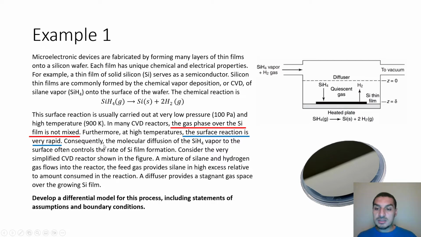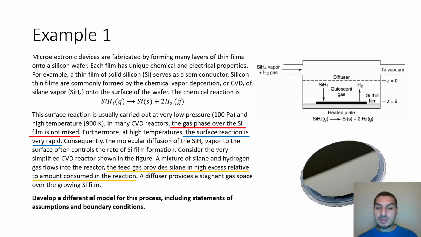And it says that the molecular diffusion of silicon hydride vapor to the surface often controls the rate of silicon film formation. This means that the rate of silicon formation does not depend on the speed of the reaction, because the reaction is very, very quick. So the step that controls the formation of silicon is not the reaction, it is the diffusion of silicon hydride.